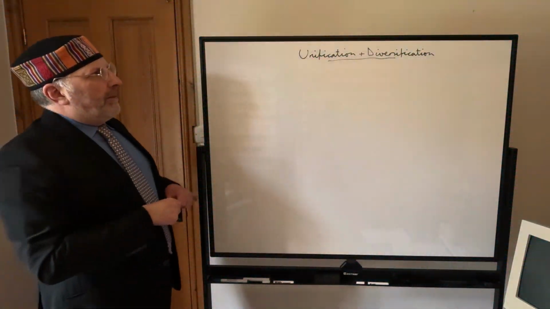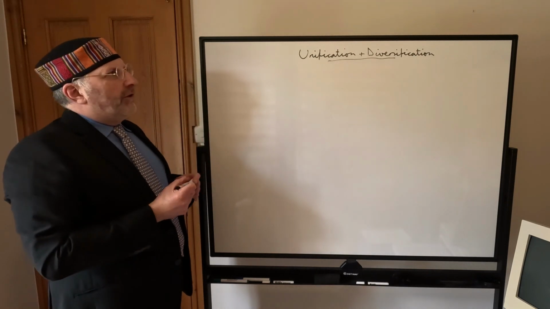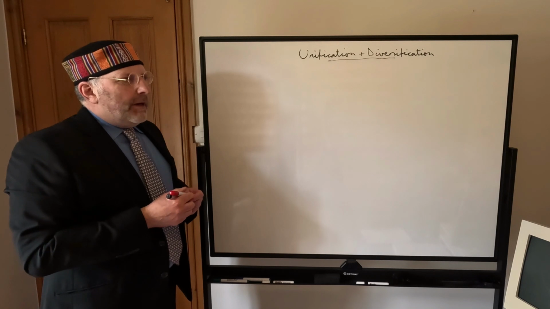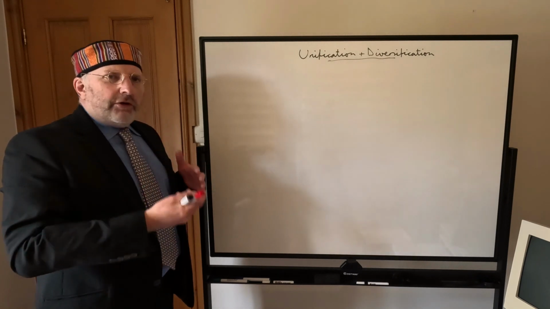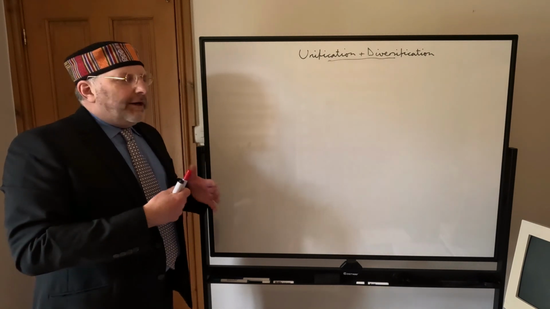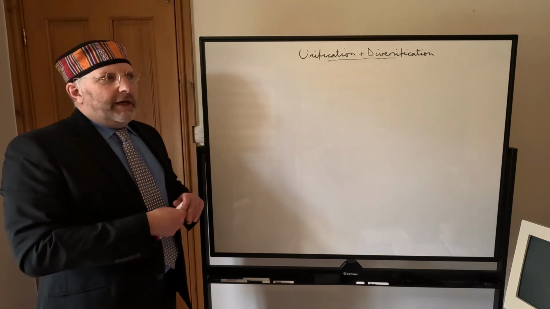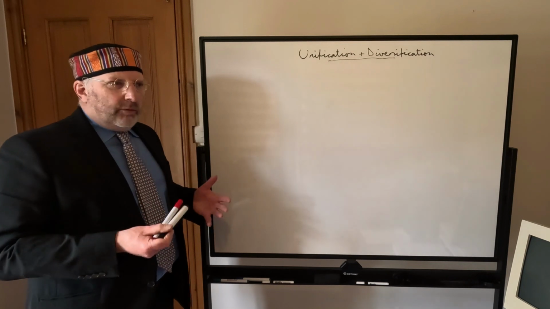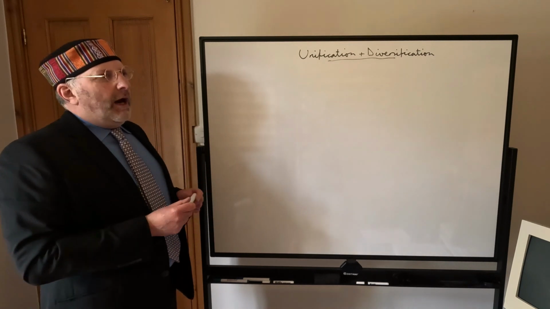Okay, we're now going to talk about the ideas of unification and diversification, which is something that Zipf came up with. But his concept has kind of fallen by the wayside. I don't really see people using it today. That's probably because his explanation of it was rather confused.